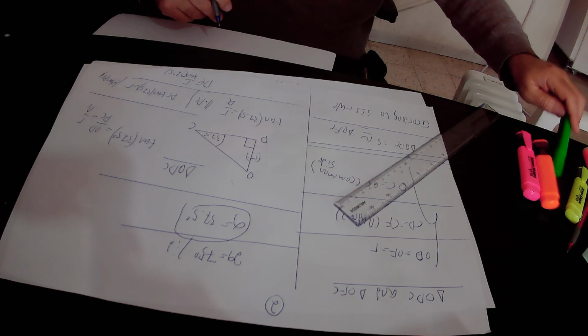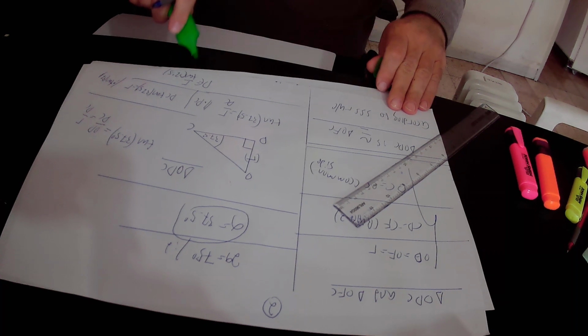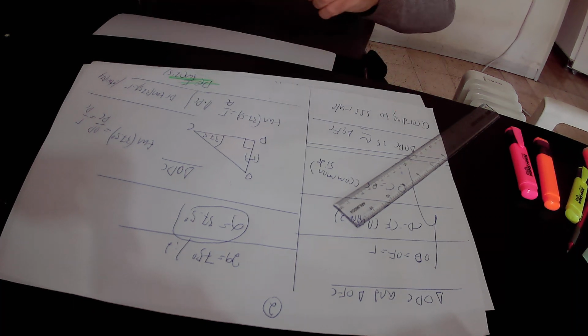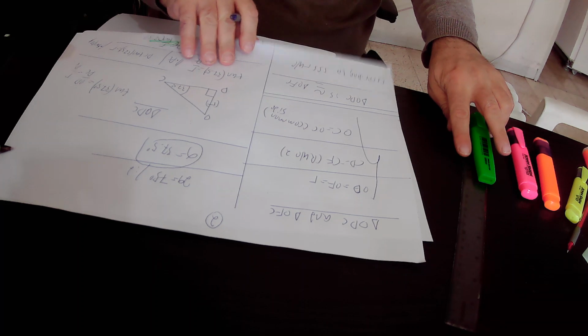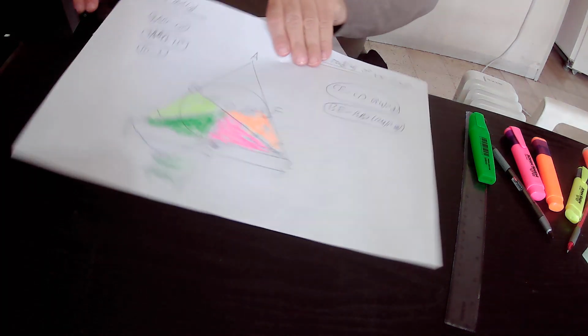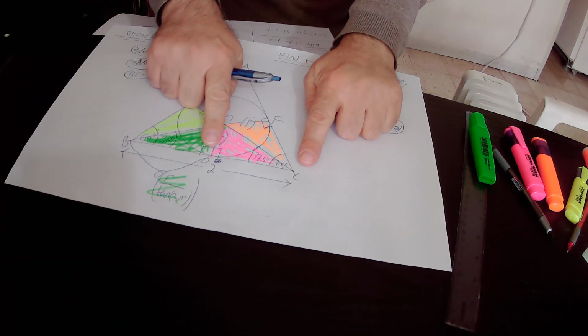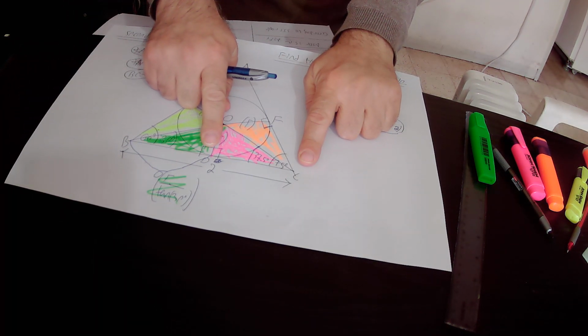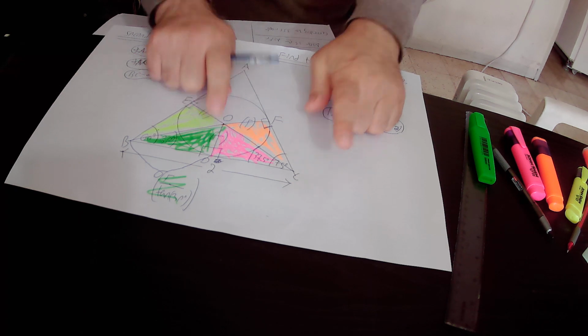So this line segment DC equals R over tangent 37.5 degrees. So I write it down.